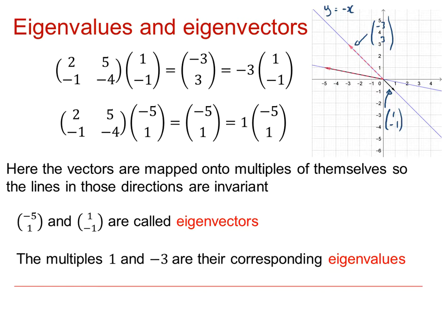The second vector is mapped onto itself, so both the original and the image are here, and so the line must be mapped onto itself. That line is y equals 1 over -5 multiplied by x, or another way of saying that is x plus 5y equals 0.